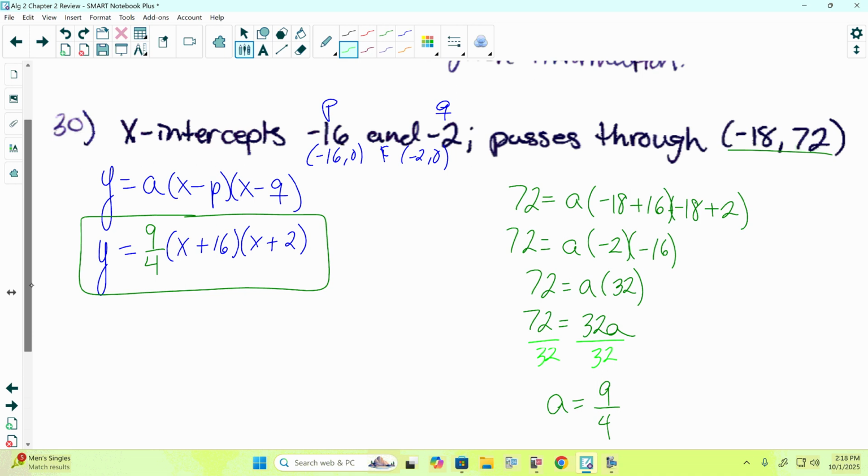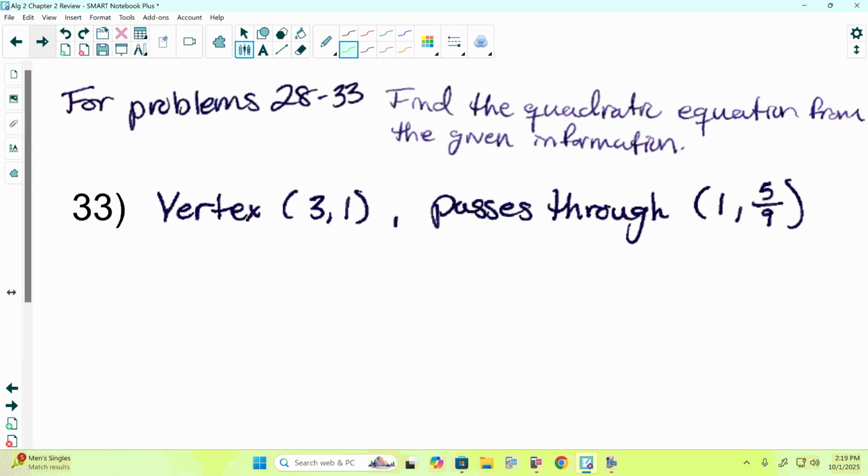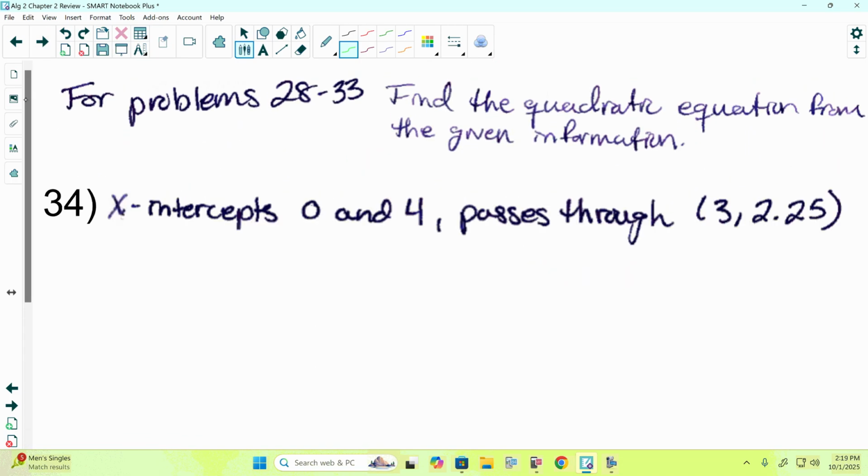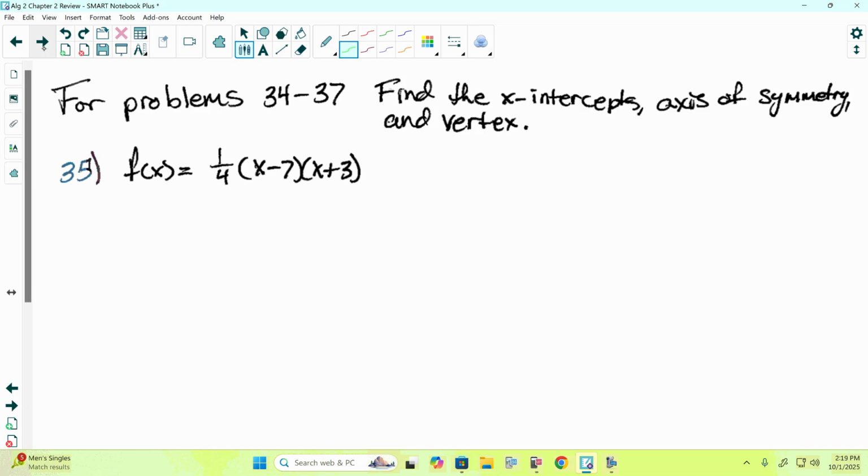Are we ready for the last problem? Last problem, given the equation, we want to find the x-intercepts, vertex, and axis of symmetry. So we're given this equation here. A in this equation is 1/4.